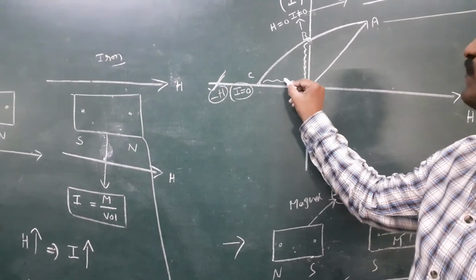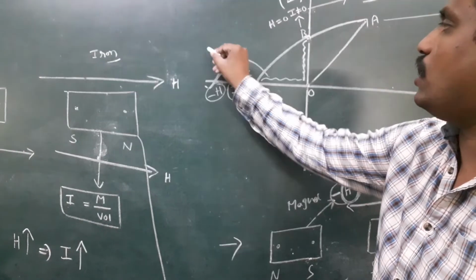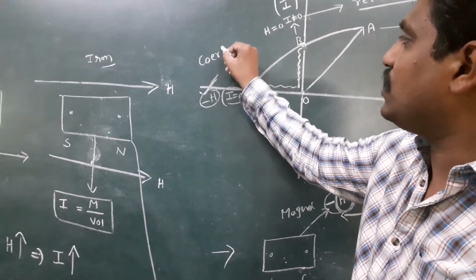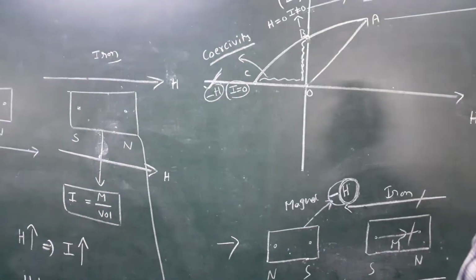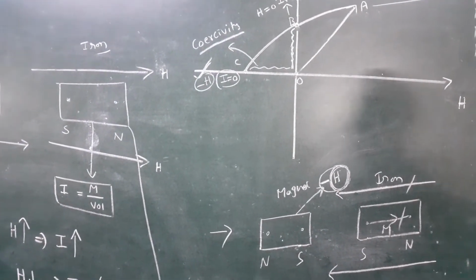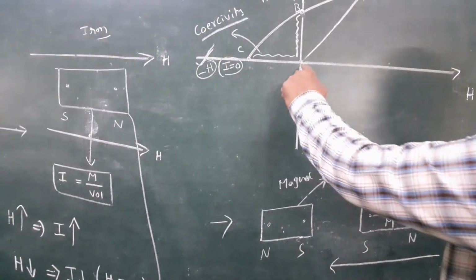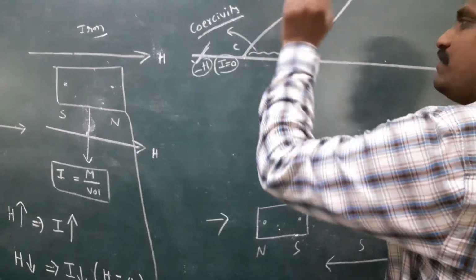This value of C, the value of OC, is called coercivity, and this force is called coercive force. Once again, in the graph, OC is called coercivity.